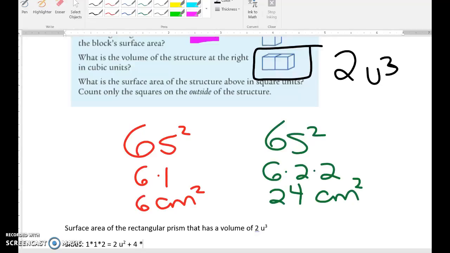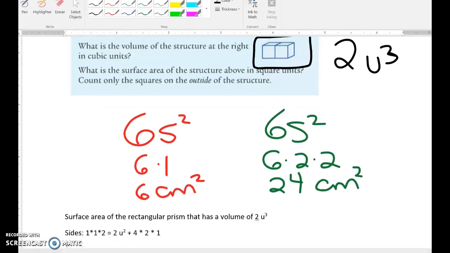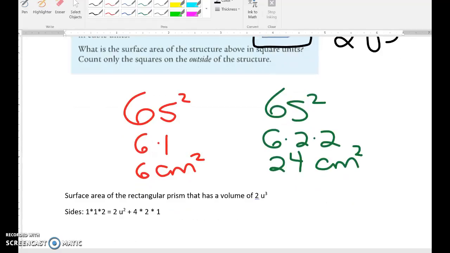And those are actually 2 times 1, right? Because the length is 2 and the width is 1. And we have 4 identical sides like that. So that's going to be 2 units squared plus 8 units squared.